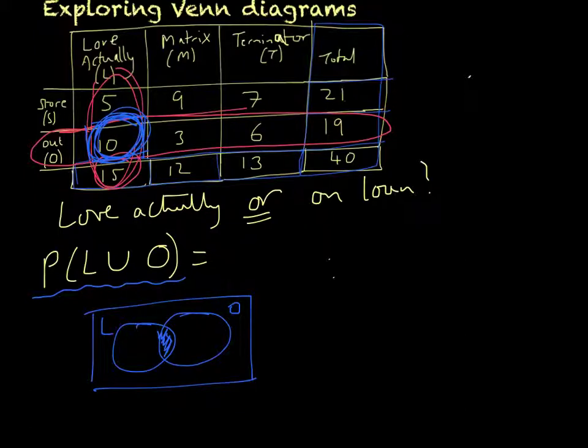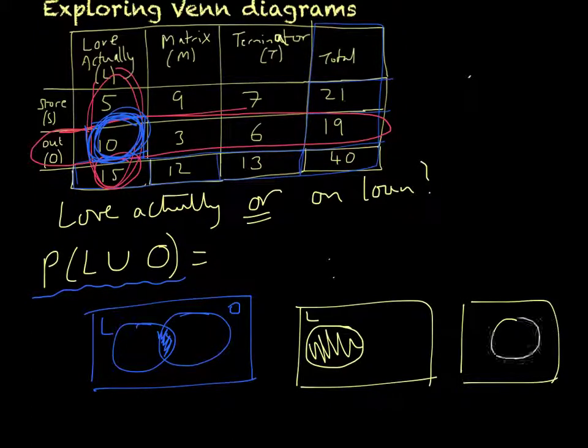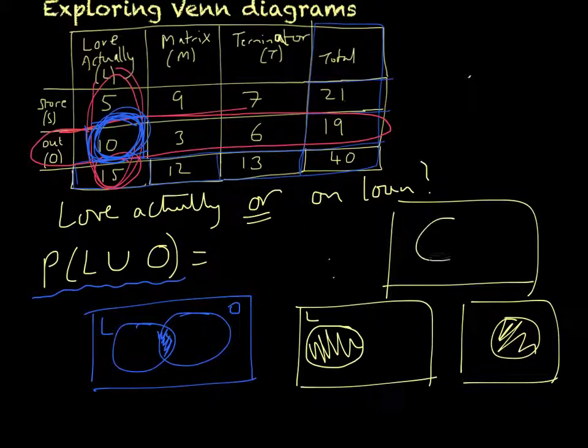L or O. So again, if I separate this into two Venn diagrams to see what we're talking about, here's L, you can be L, or you can be O. If I put the two things together, I would get these two rings, and the whole thing would be shaded, right?